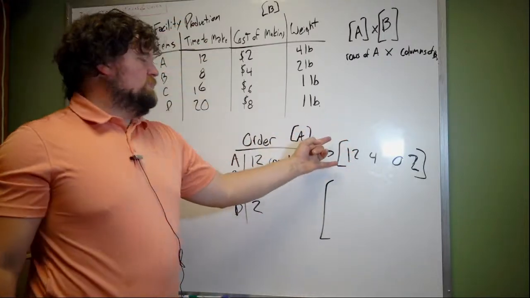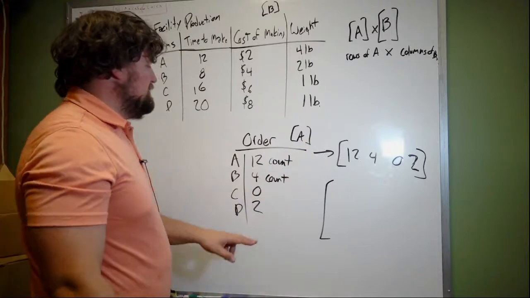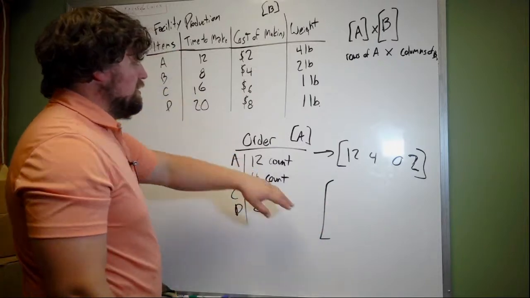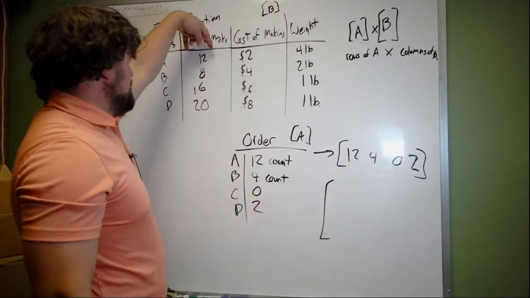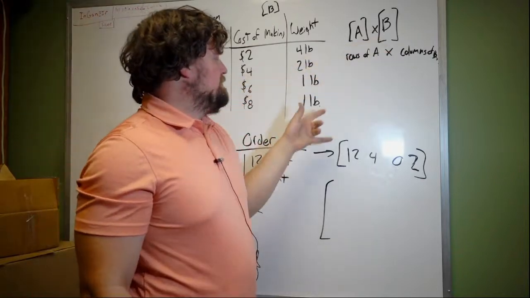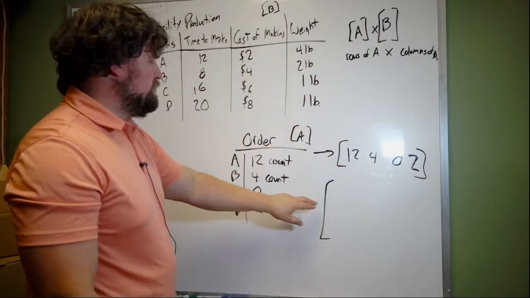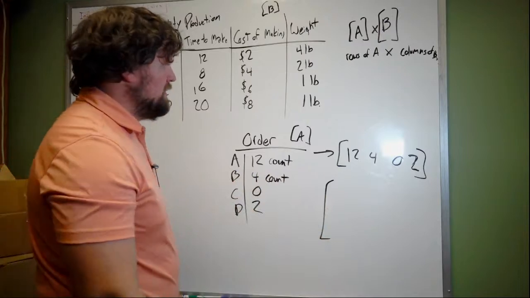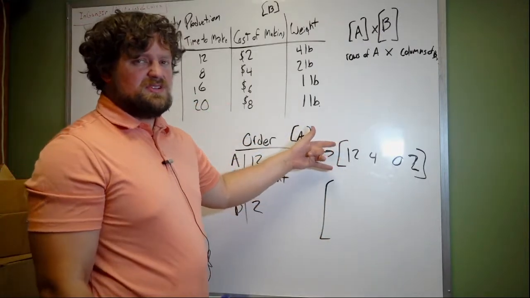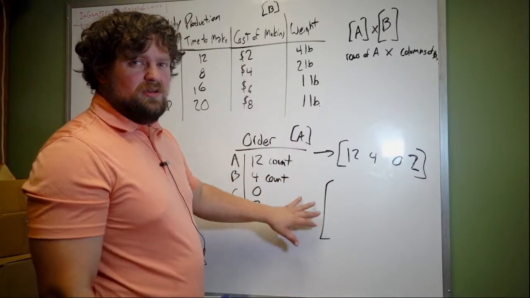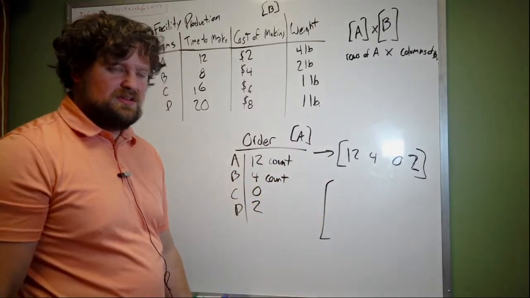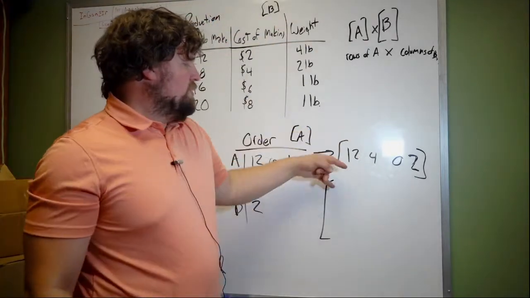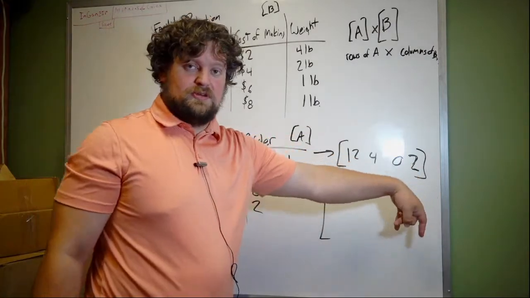So once again, first column of B and first row of A will produce the first column and first row of my final solution. Here, I only have one row in this matrix, so I'm only going to have one row in my final matrix. I have 3 columns here, which means I'm going to have 1 row and 3 values.